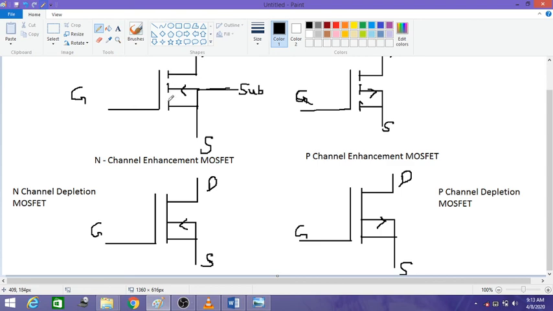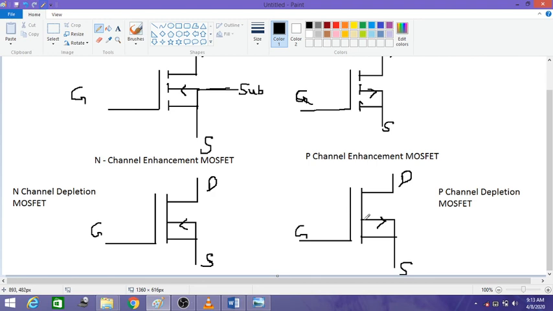If you see the basic difference between the two, it clearly represents the construction. The broken line here represents that the gate is not directly connected to the channel, so the gap between these lines represents isolation. This isolation is nothing but SiO2, and the broken line represents that the channel is not formed during construction, whereas in the depletion type there is no broken line, which represents that the channel is formed during construction.